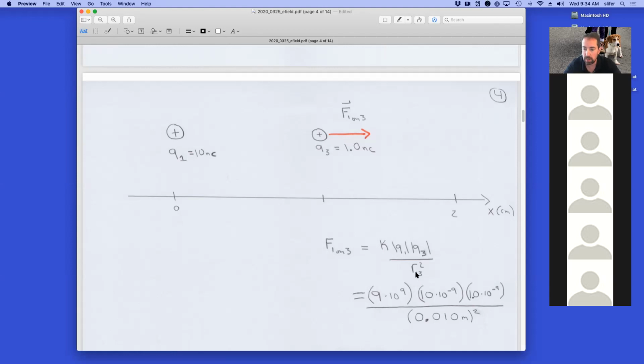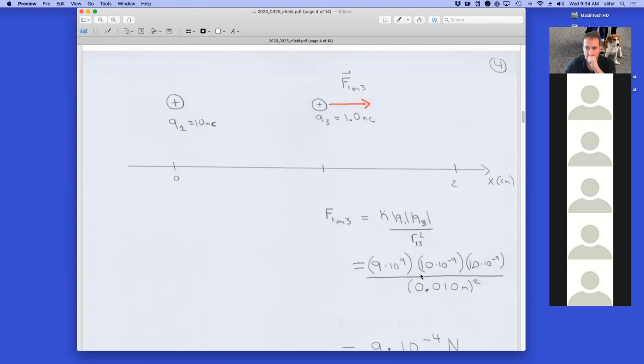I have to discriminate between the distance between 1 and 3 and eventually 2 and 3, so I've given this subscript 1,3 here. And the last place where I can make a mistake is if I don't do SI. So I want to put this in SI, and 1 centimeter is going to be 0.01 meters.